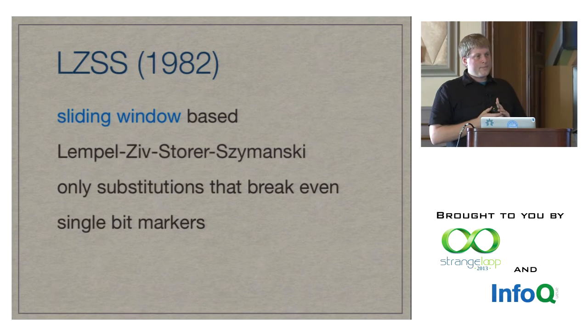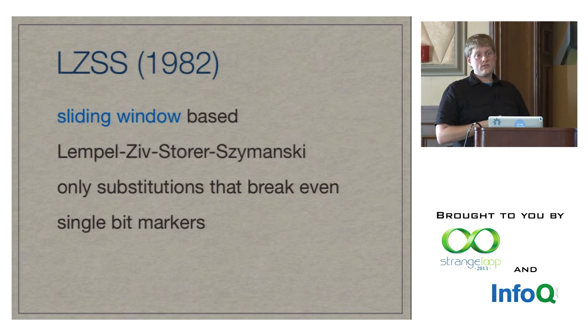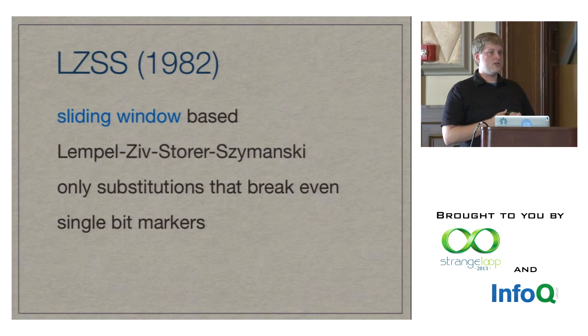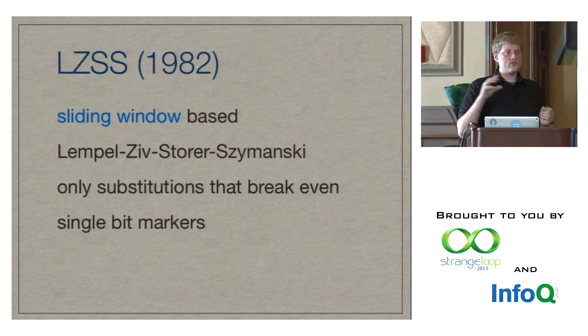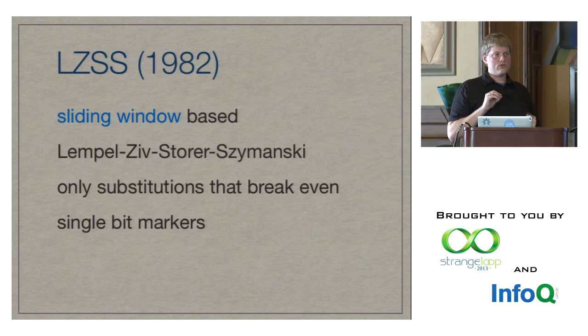So with LZSS, in the LZ77 method, it will always take substitutions, even if it's adding a substitution that takes up more space than just including the data literally. It's greedy in that way. But the point of actually breaking even tends to be more like substituting 2, maybe 3 bytes. It depends on a couple things.